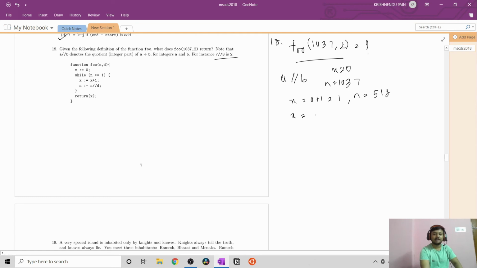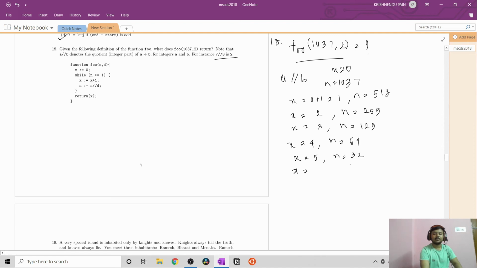So x value is increased by 1, so it becomes 2, and n equal to n quotient d, n quotient 2 here, d is equal to 2 here, so this will be 259. Similarly, for the next step, x equal to 3 and n value will be changed to 129. Next, 129 is greater than or equal to 1, so x will be 4 and n will be 64. 64 is greater than or equal to 1, so x will be increased by 1 to 5, n will be 32.